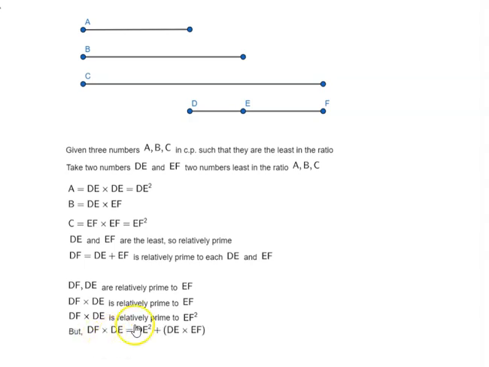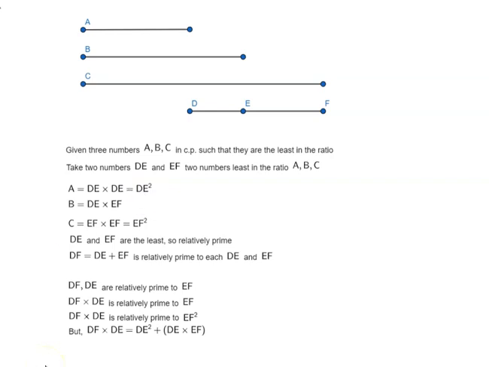But DF times DE is equal to DE square plus DE times EF. You can work it out and see. Again, this is based on one of our previous propositions.